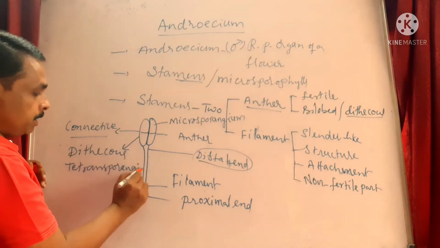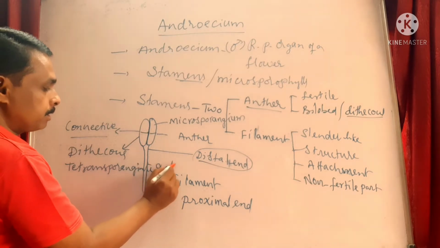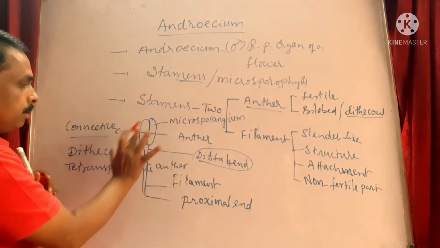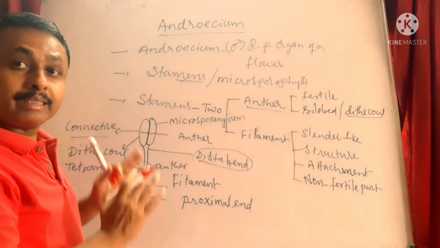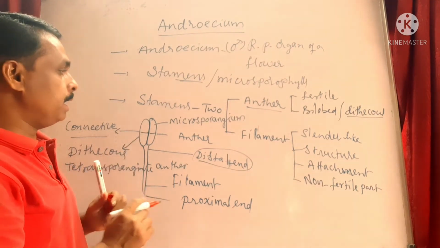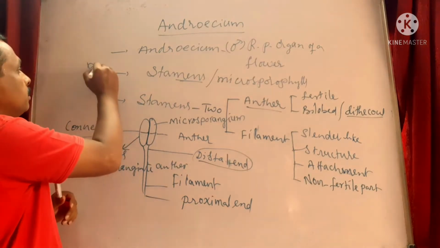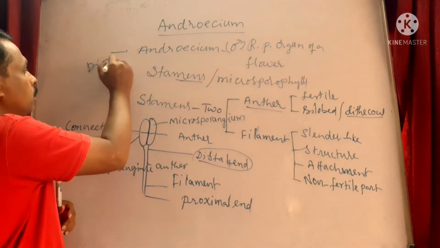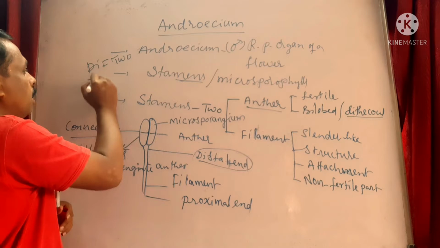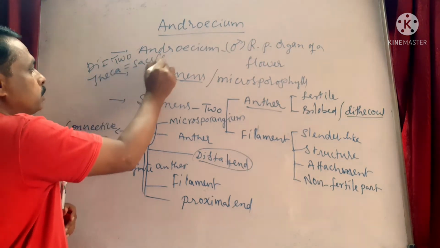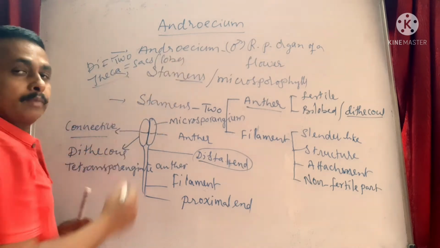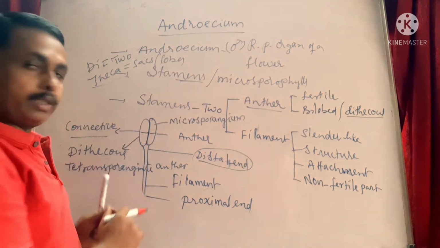In the majority of members, the anther is dithecous. Di means two, theca means sacs or lobes. That is the meaning of this.